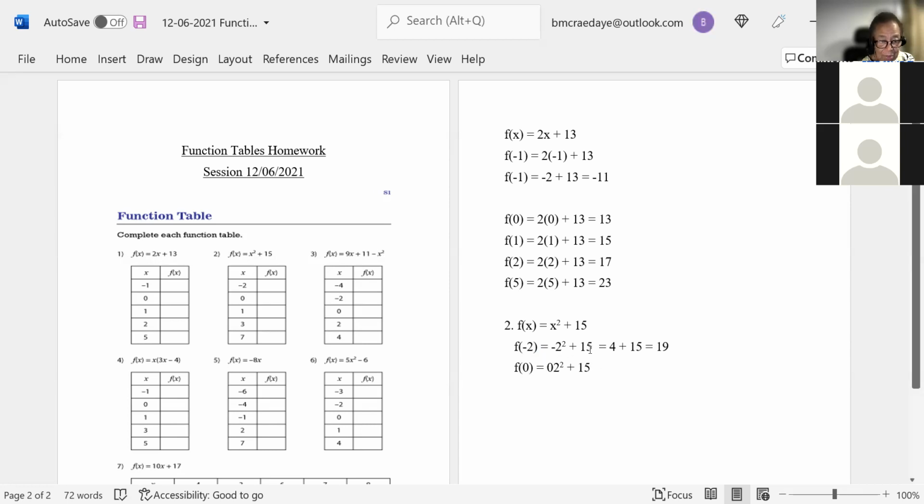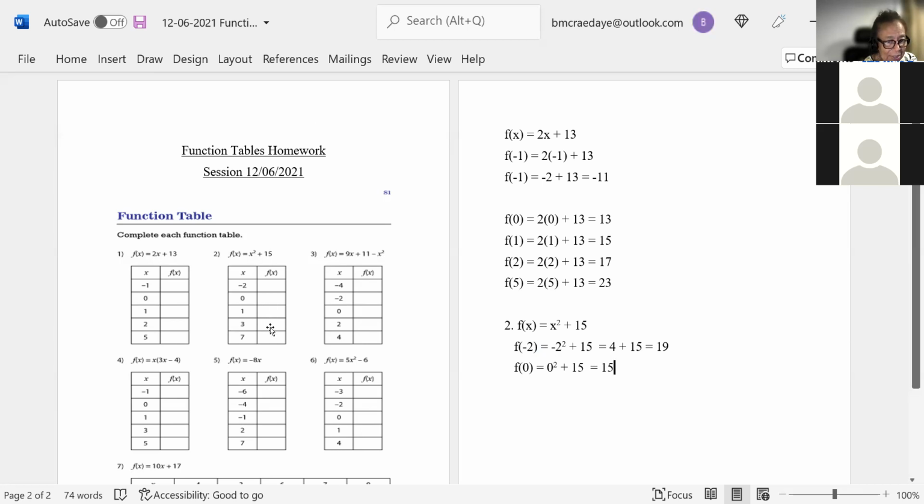Now, what's the answer? That's 15. That's it. Very good. That's your second entry. So you have 19, 15, and then what do you have for the next one? A 17. That's it. 17.